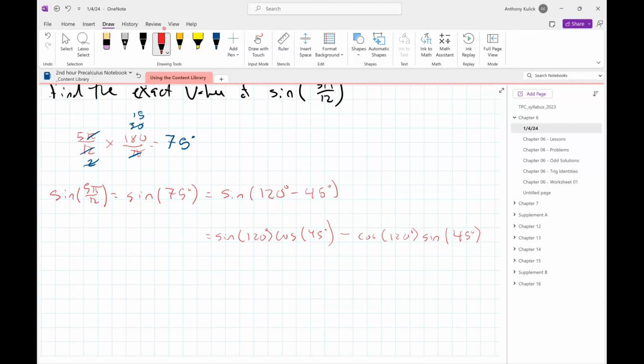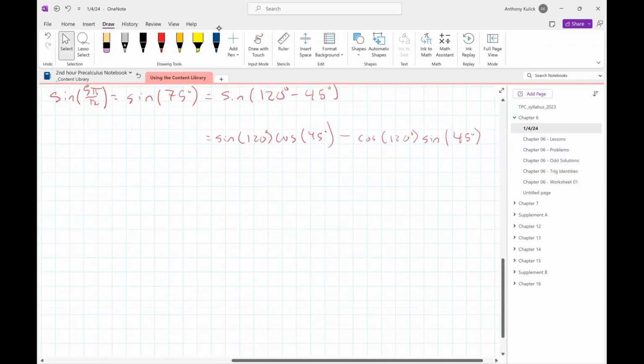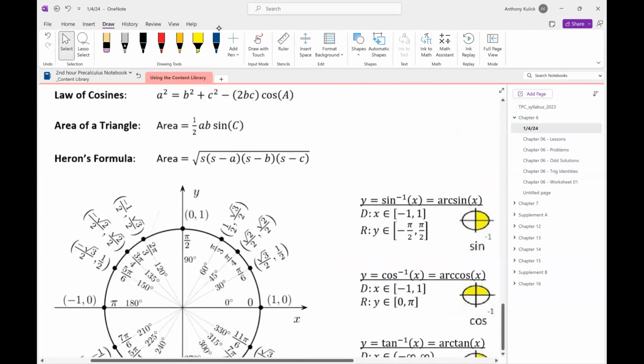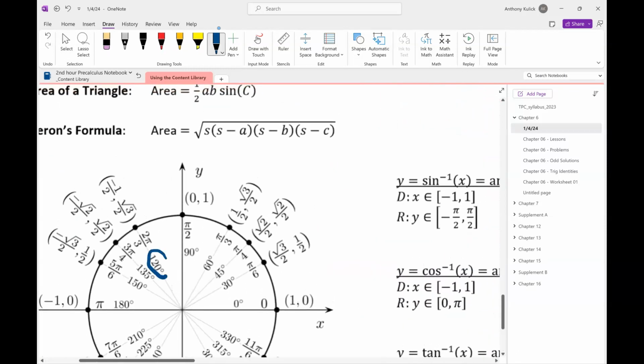Now I'm just going to evaluate each of these 4 trig expressions. How am I going to do that? Going to the unit circle, right? So I go to 120. So sine of 120 is the y coordinate.